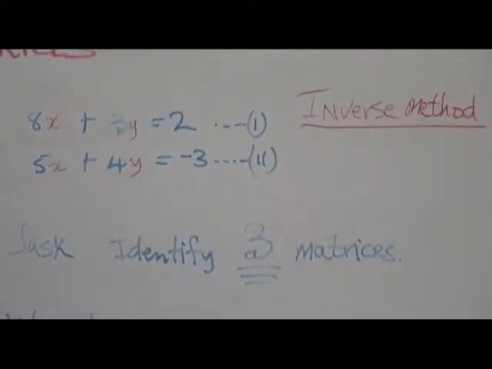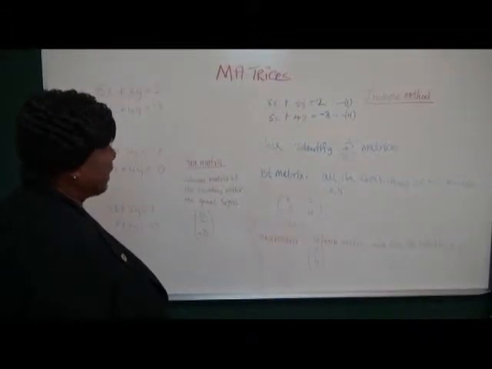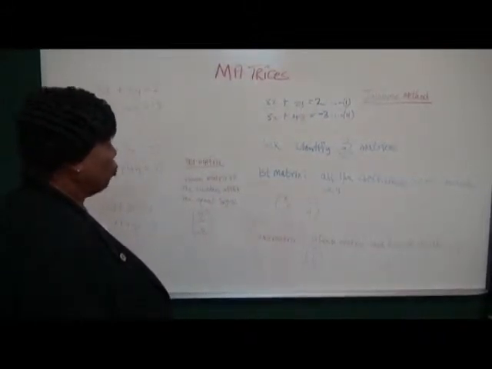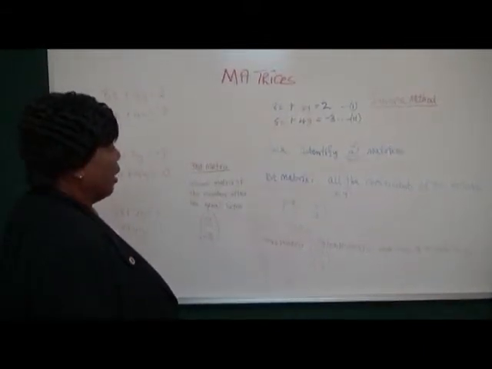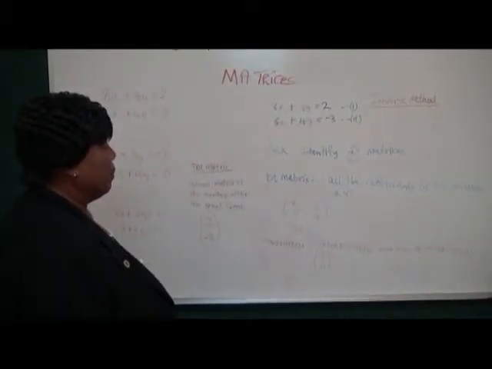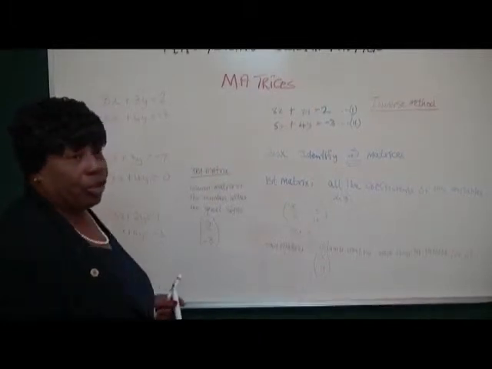Alright, so again, what do we do when we're finished? Having identified the 3 matrices, I'm going to erase the task that we said because you now have those etched in your book.